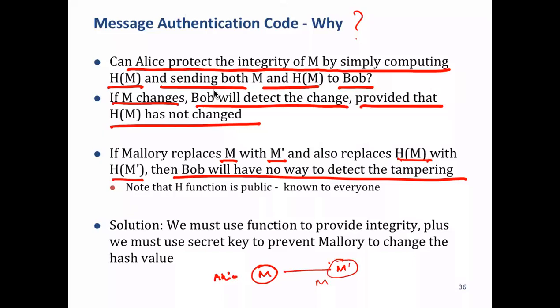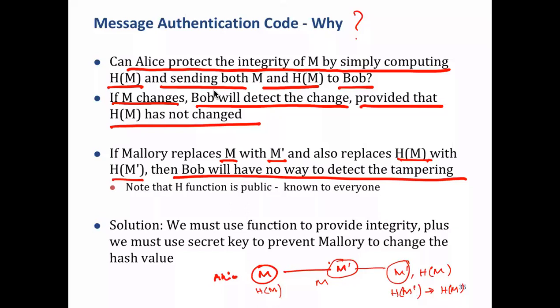Alice sends M and also H of M. So if Mallory is only able to change M to M dash, then what Bob receives is M dash and H of M. Bob will calculate H of M dash and match it with H of M, and there will be a mismatch because M is not M dash. So Bob will come to know there is mischief.